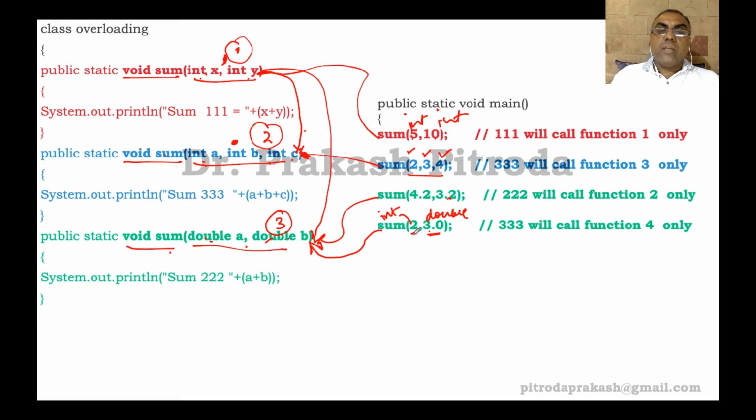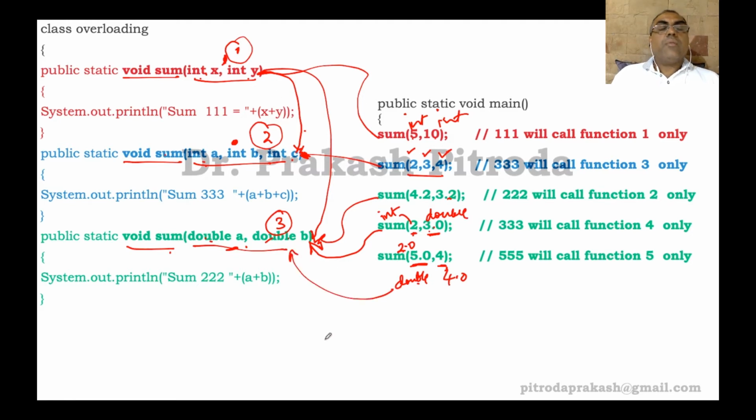You will understand that the computer will convert 2 into 2.0 and call this function only. If the function is first one decimal and the second one integer, the same logic applies. This is a double, which will go into a because it is a double type, whereas 4 is an integer, which is going to be converted into 4.0 by the computer using method casting, and then the computer will call this.